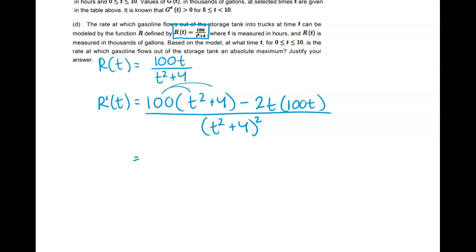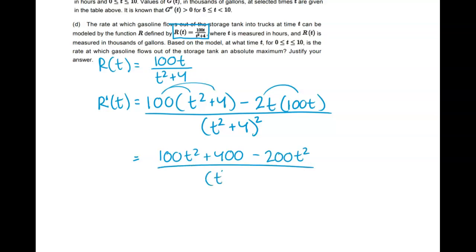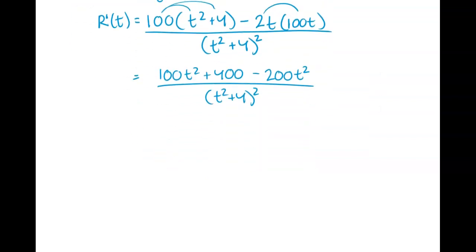So we get 100t squared plus 400 minus 2t times 100t is 200t squared, divided by t squared plus 4 squared. And we end up with 400 minus 100t squared, all over t squared plus 4 in parentheses squared.